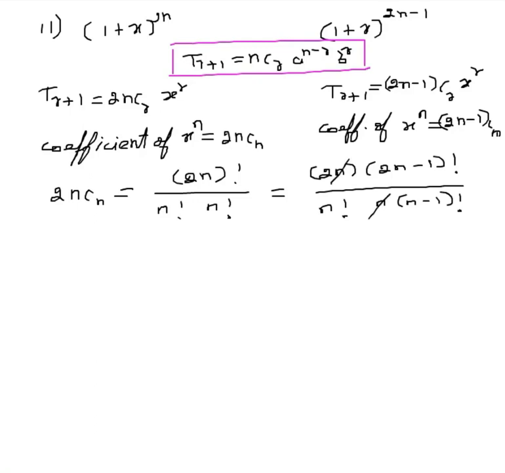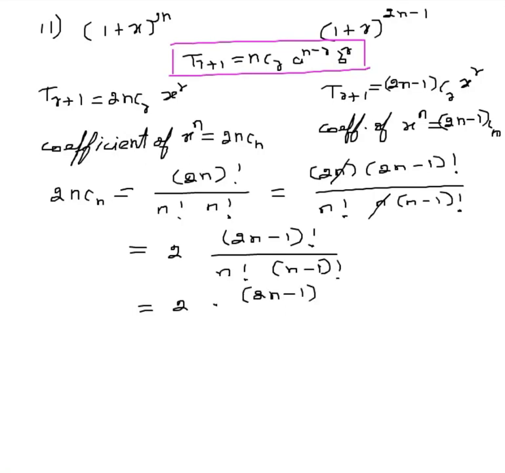We can cancel n and n. Here we cannot cancel n because they are under a factorial sign. We have 2 times 2n minus 1 factorial divided by n factorial times n minus 1 factorial. And this is 2n minus 1 Cn.